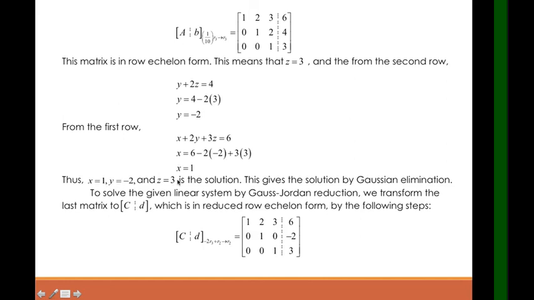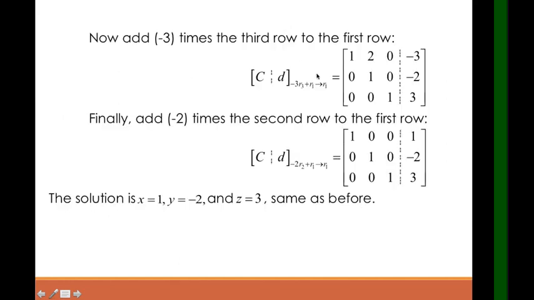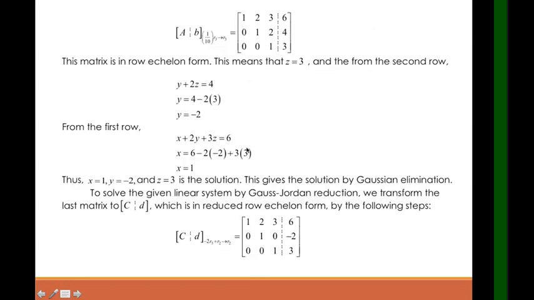Pero kung gagamit ka naman ng Gauss-Jordan reduction after mo kumuha ng row echelon form or Gaussian elimination, gagamit ka ng reduced row echelon or Gauss-Jordan reduction. So, gagawin mong 0, 0 itong 2, 3, and 2. Siyempre, masasama ito. And then, ang makukuha mong value is 1, negative 2, and 3. Kapag naging 0, 0 na yan. Which is actually similar lang dito.